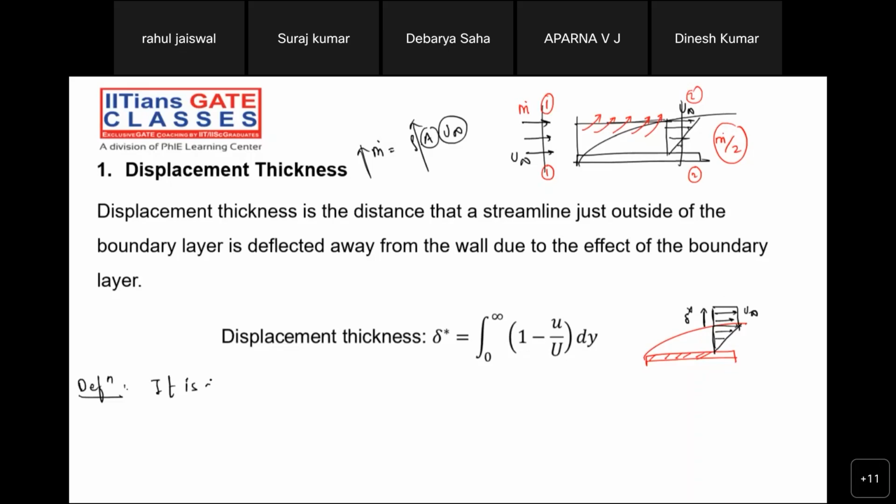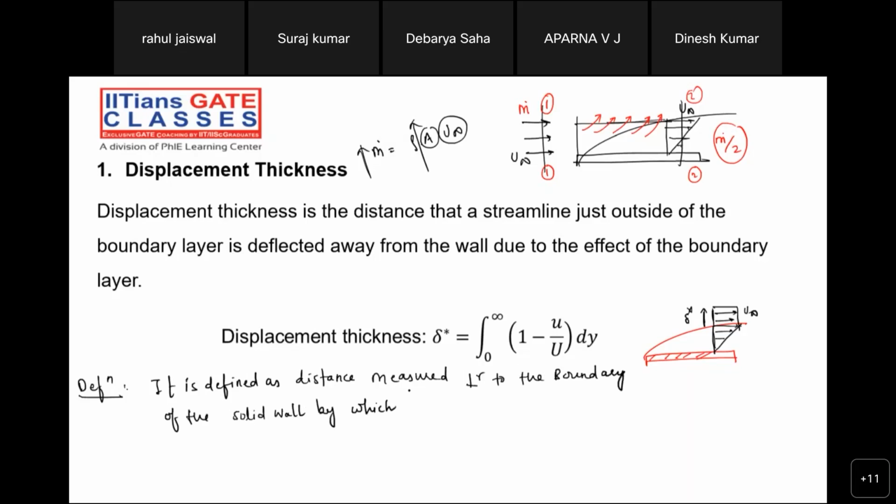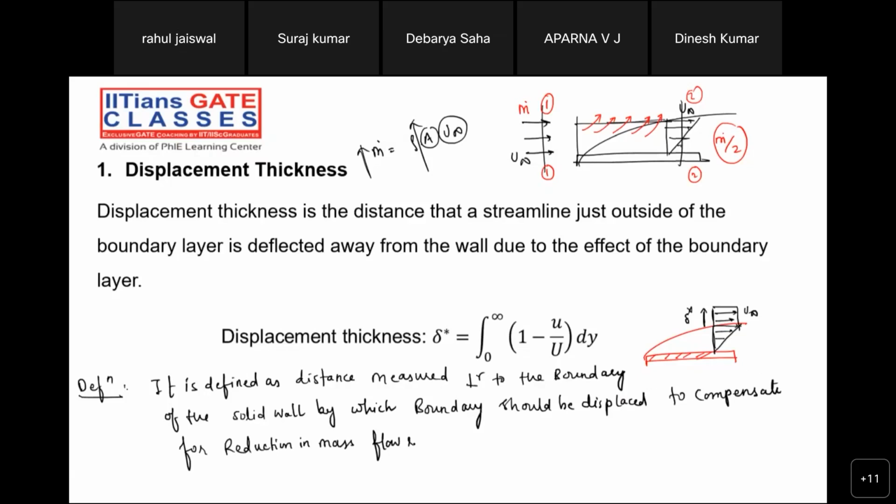It is defined as the distance measured perpendicular to the boundary of the solid wall, by which the boundary should be displaced to compensate for the reduction in the mass flow rate on account of boundary layer formation.